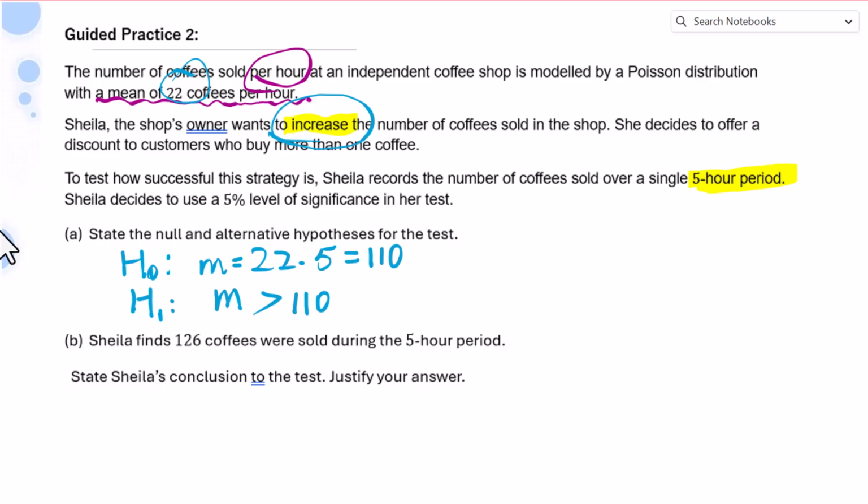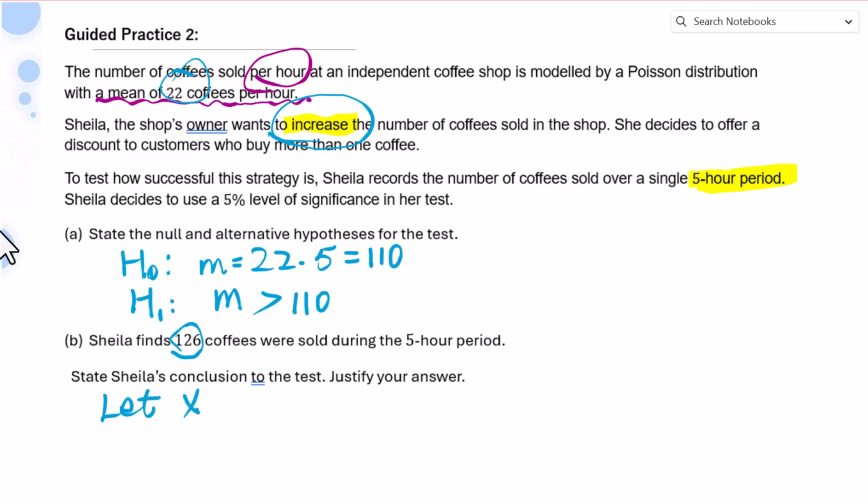B. Sheila finds 126 coffees were sold during the 5-hour period. State Sheila's conclusion to the test. Justify your answer. Let's define the variable.